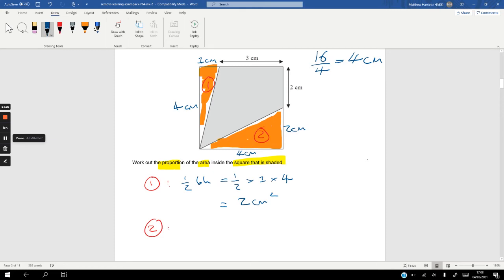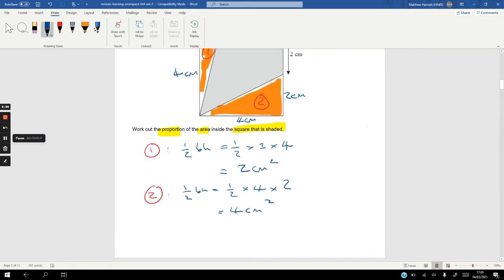The area of 2, this shape here, again is half times base times height. Half times the base, which is 4, times the height, which is 2. 2 times 4 is 8, times half is 4 centimetres squared.